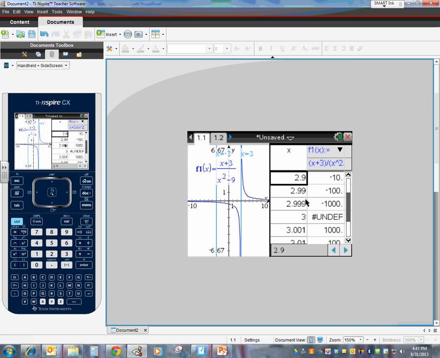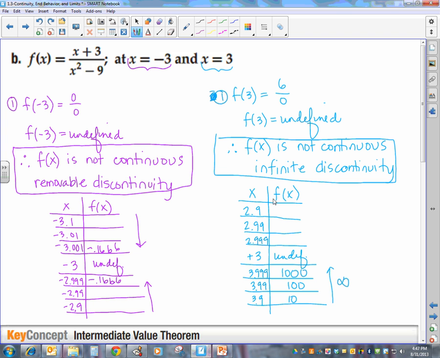Negative 10, negative 100, negative 1,000. Okay? And those numbers were getting bigger and bigger, negatively speaking. So that was negative infinity. So again, they were both going towards infinity. The numbers themselves were getting larger.